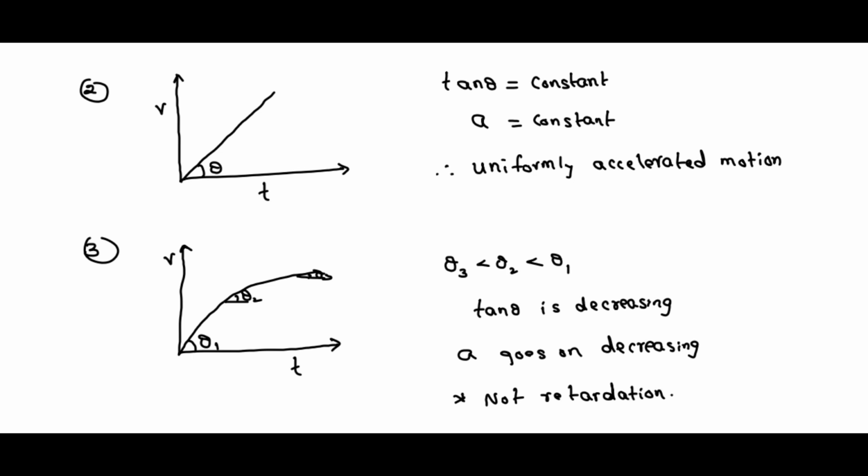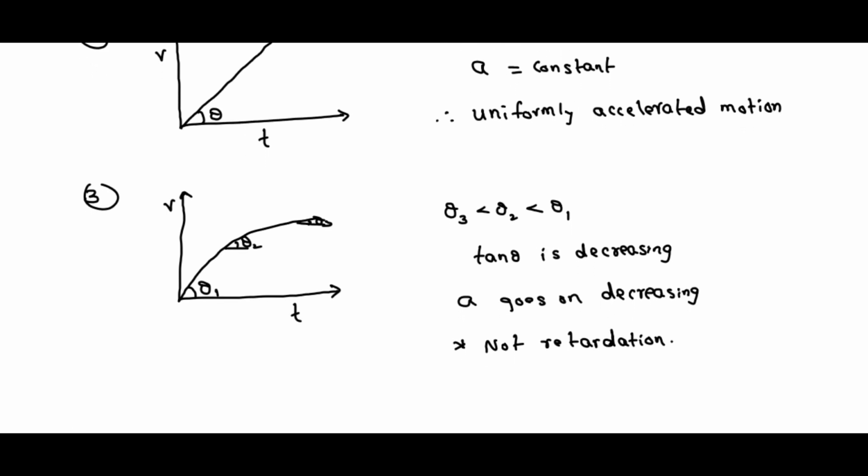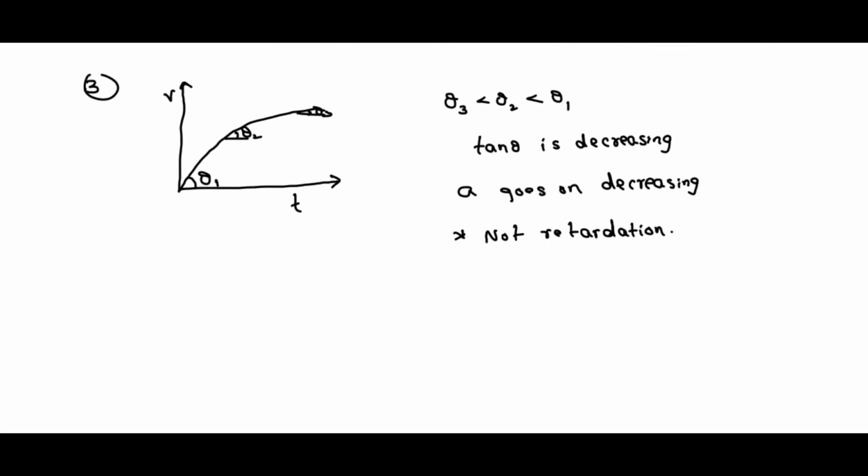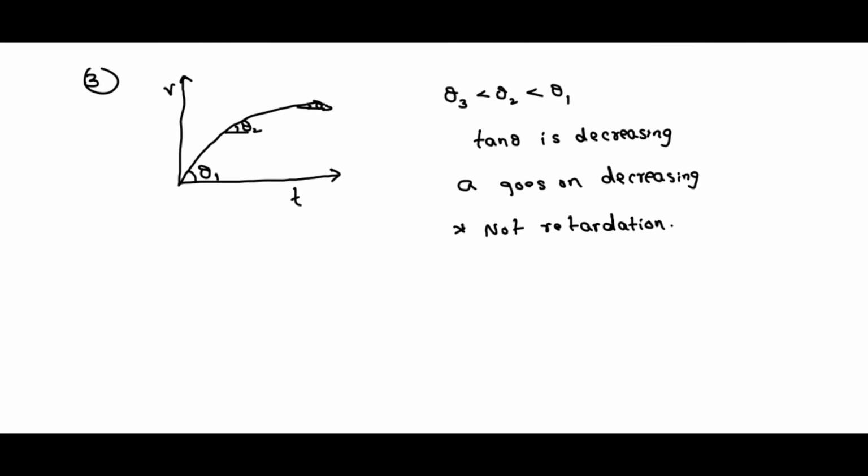Here the body is moving with acceleration only, but not with uniform acceleration. It is moving with a decreasing acceleration. Velocity is increasing. Acceleration is decreasing, but not uniform.